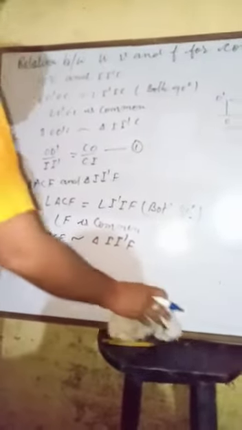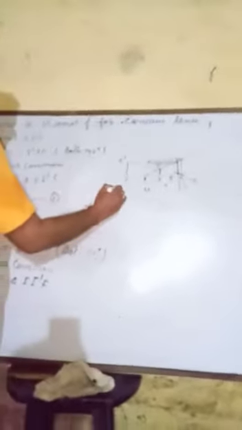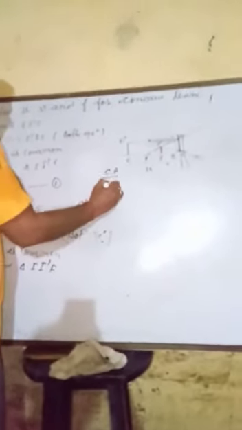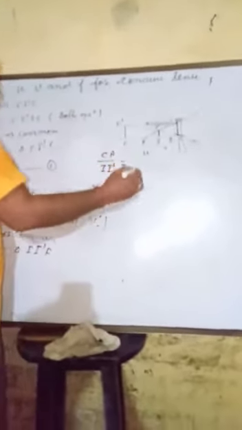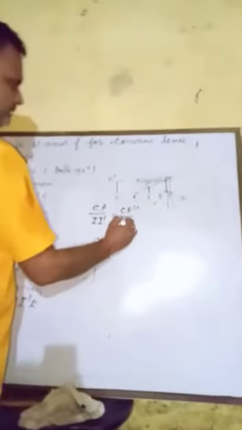If we write the relation, then we will find CA upon I dash I is equal to CF upon FI.